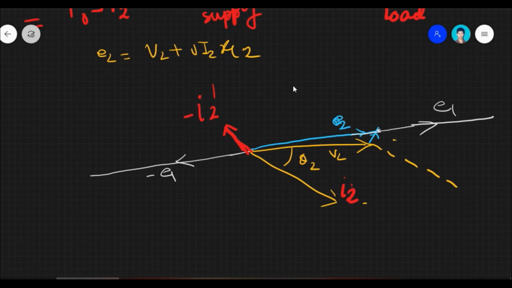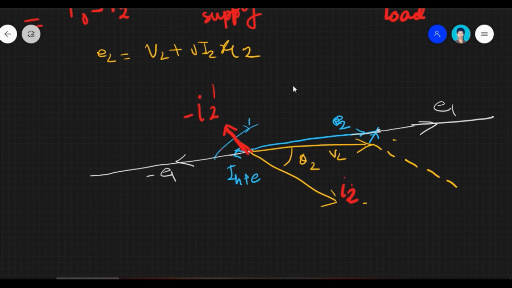Then with this minus I2 dash, what should we do? We have to find out I0. How to find out I0? There will be two components. One is I_H plus E. Another one will be lagging minus E1 by an angle of 90 degrees. So we have to traverse in clockwise direction.